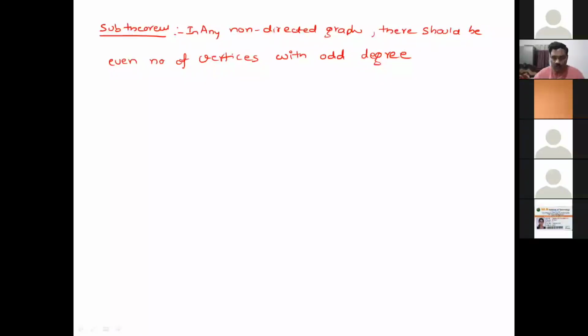So how do we prove this? The proof is very simple. Let us say the given vertices are V. So V I am dividing into two sets, W and U, where W is the set of vertices with even degree, let us say.